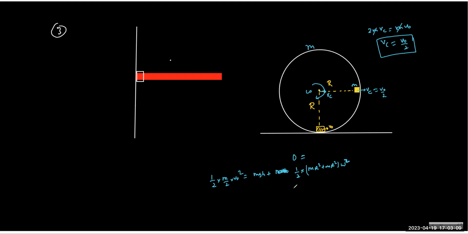The block will just be moving forward with VC. Or will it also rotate? I'm just going to see that. In the CM frame, we will have the initial energy, and the final energy will be that, the same.